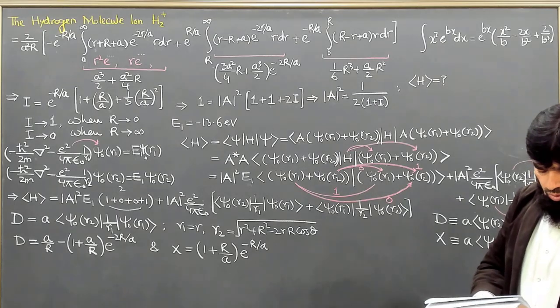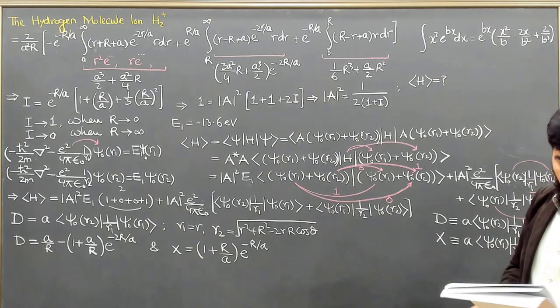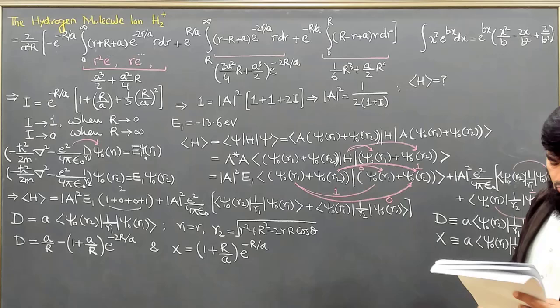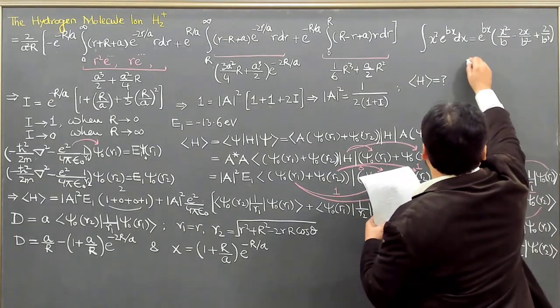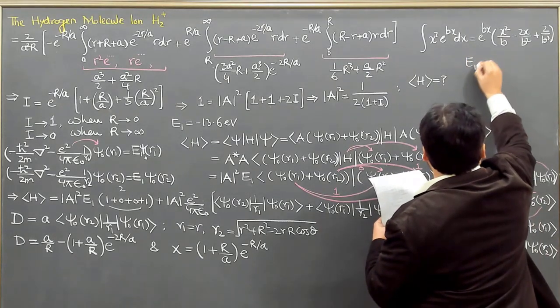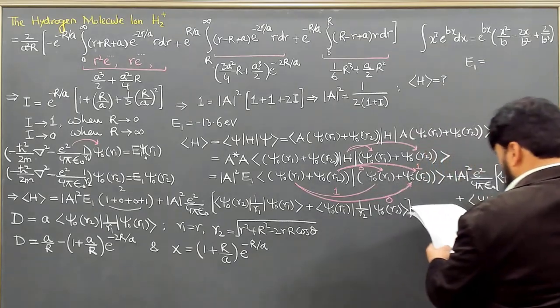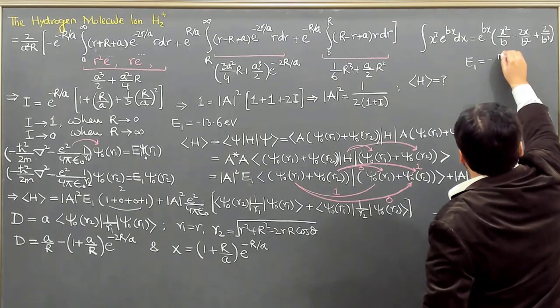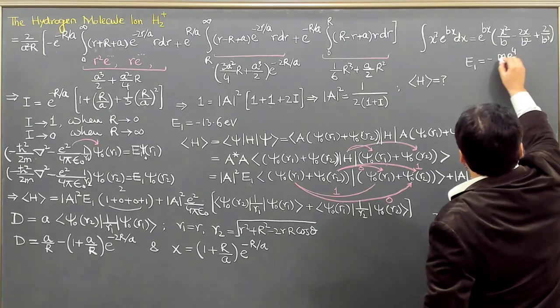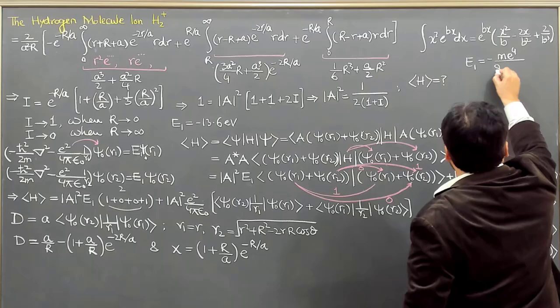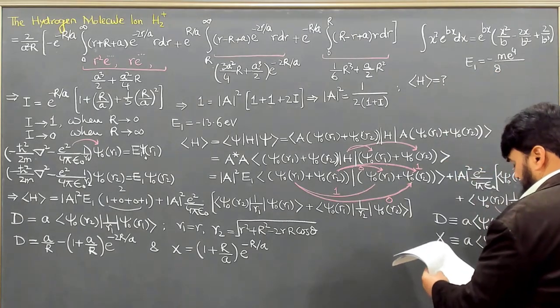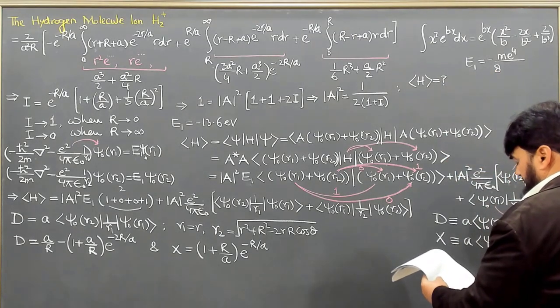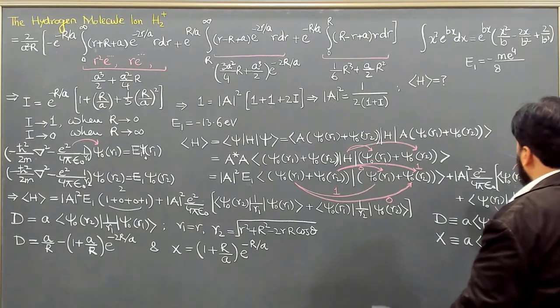We know that the ground state energy of the hydrogen atom is E1, and this E1 is equal to minus m e to the fourth over 8 epsilon naught square h square.